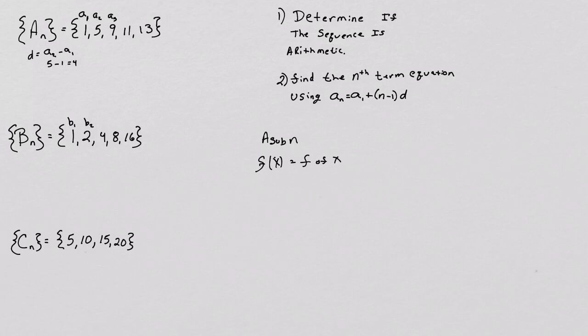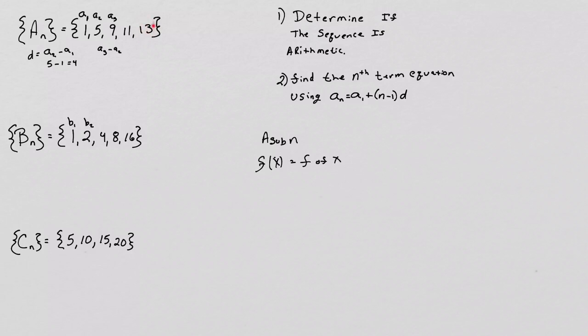Now you have to do this at least twice, because common implies that it happens for more than one, whereas in math, if it only happens once, it's called unique. So we can do it again. We can say, well, hey, we can do A sub 3 minus A sub 2. So you want to pick two consecutive numbers. It's like 1 and 5, 5 and 9, 9 and 11, 11 and 13.